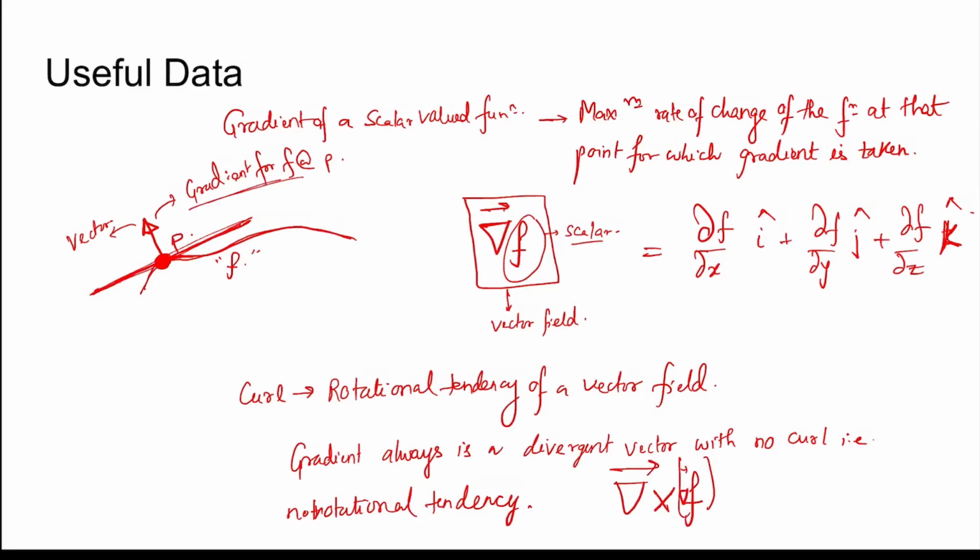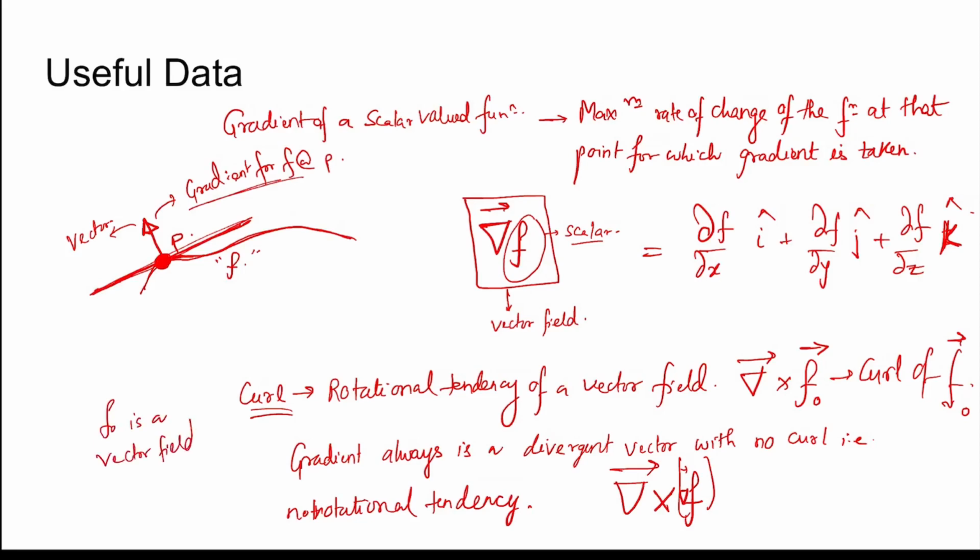So curl of any vector field can be like this, curl of f, this we say curl of f, and this will be like this when f is a vector, where f, you can say f naught. So f naught is a vector field. Remember, the gradient operation is done on a scalar field f, where f is a scalar field, but the curl operation is done on a vector field f naught.